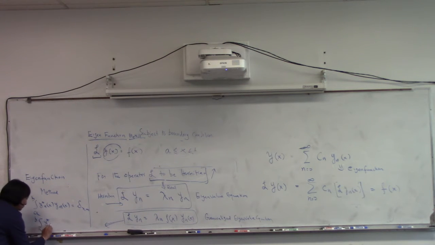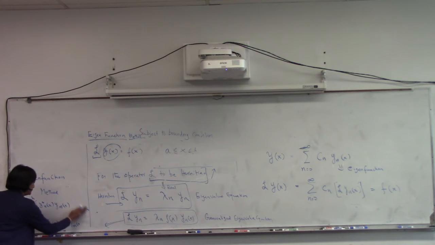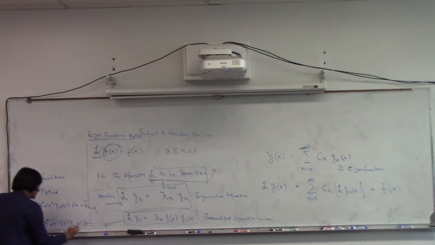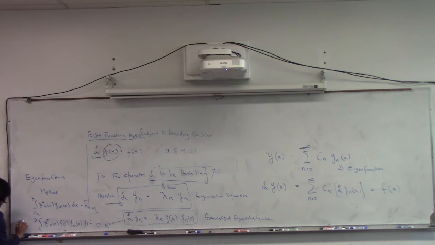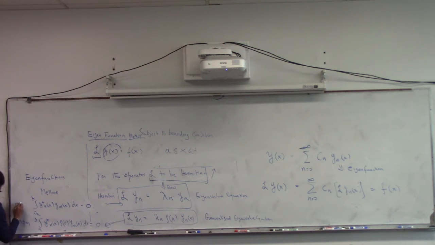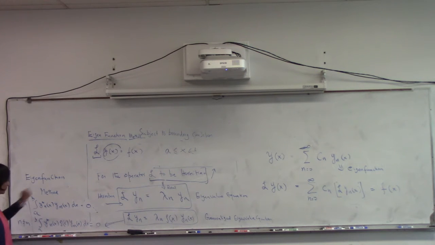You will write y star n(x), whatever this weight factor is, y_m(x) dx, and put it as 0 for n not equal to m. It's easier to understand that way. For n equal to m, it will be 1.